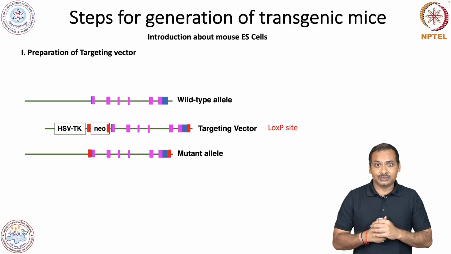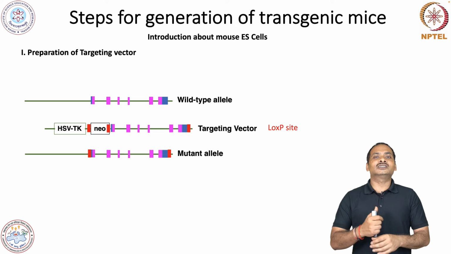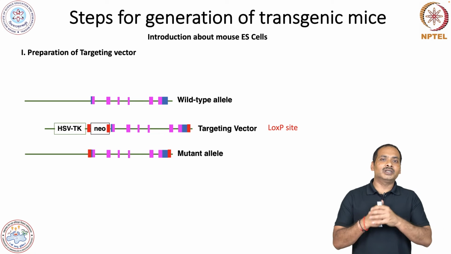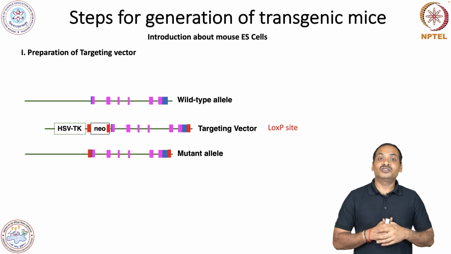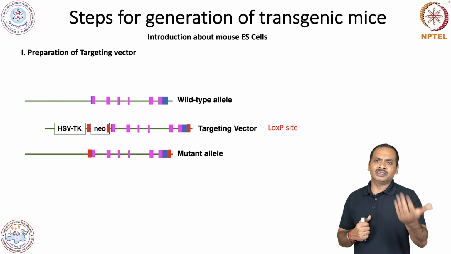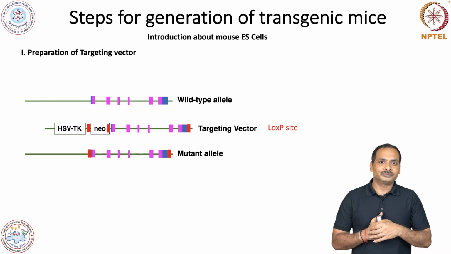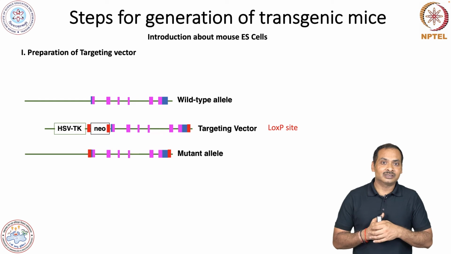But please remember again, when you do all these manipulations and complicated experiments, your embryonic stem cell may differentiate, and then you can never get this kind of mice. You can have the cell, but the cell will not become a mouse.